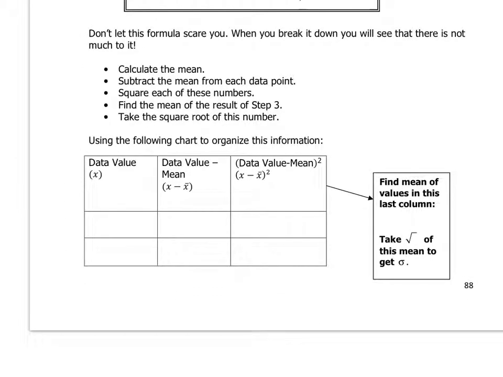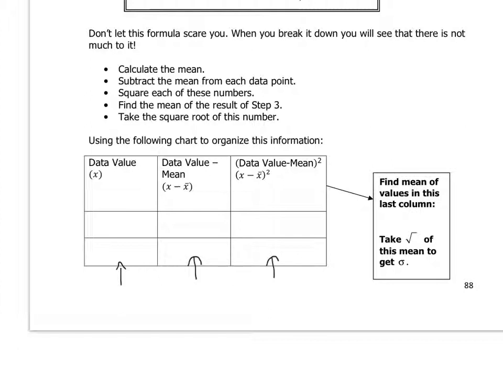to do an example, but first we'll just explain what we do to help us organize our information when we're calculating standard deviation. And we usually do it in a table format. So the first column of your table would have all your individual data values, and then you would take each of those data values and subtract the mean, and then you take that value and square it and put those numbers in this column.